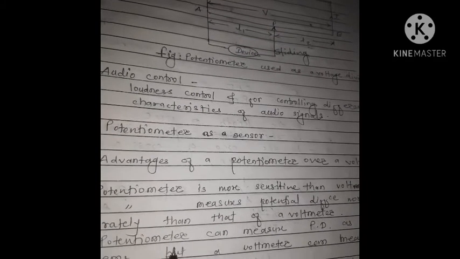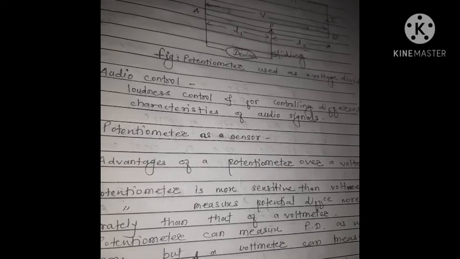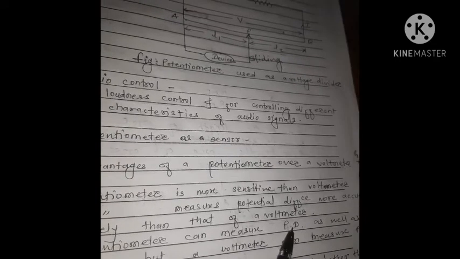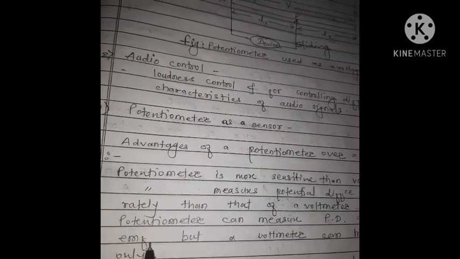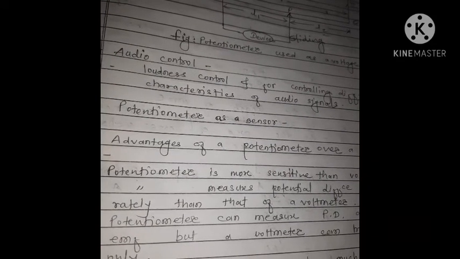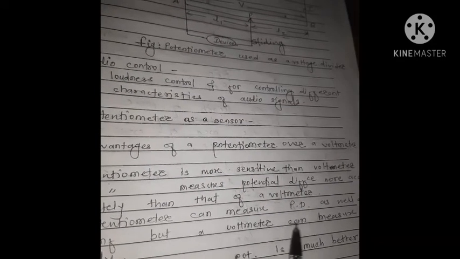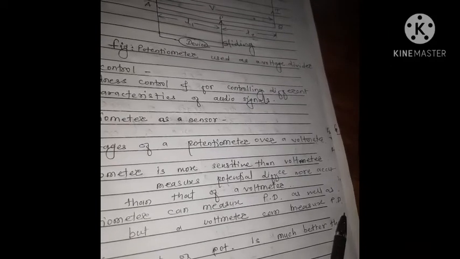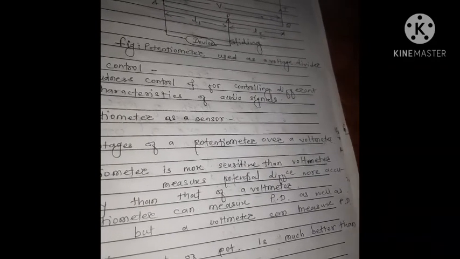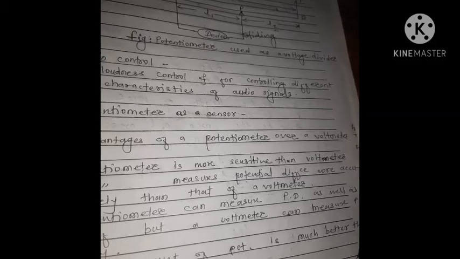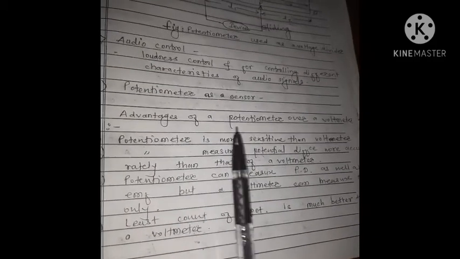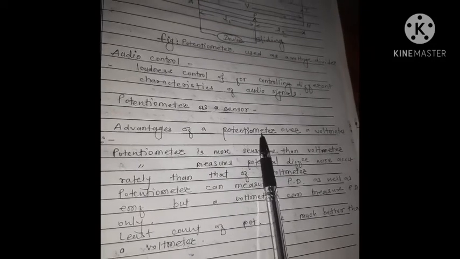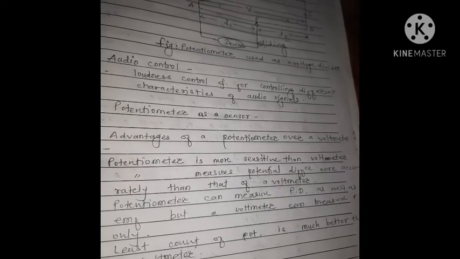And by using a potentiometer, we can measure potential difference as well as the EMF of cells. But by using a voltmeter, we can measure only potential difference. Thus, these are some advantages of potentiometer over a voltmeter.